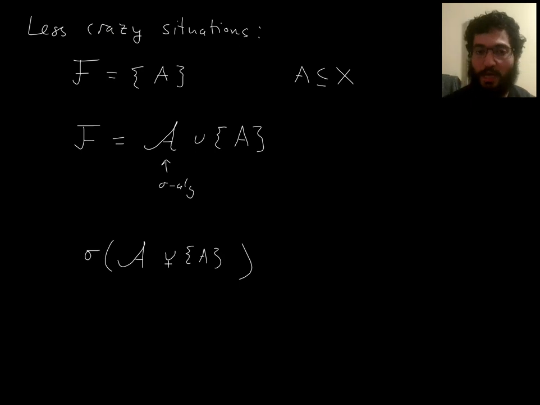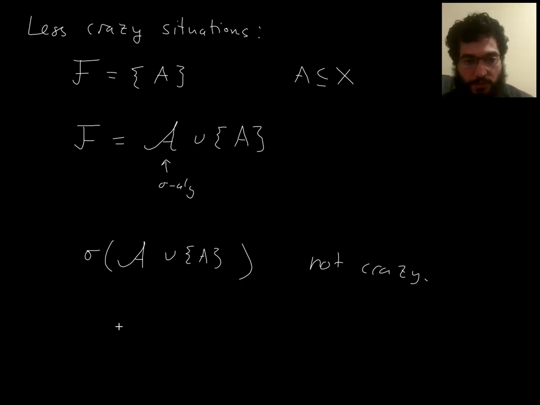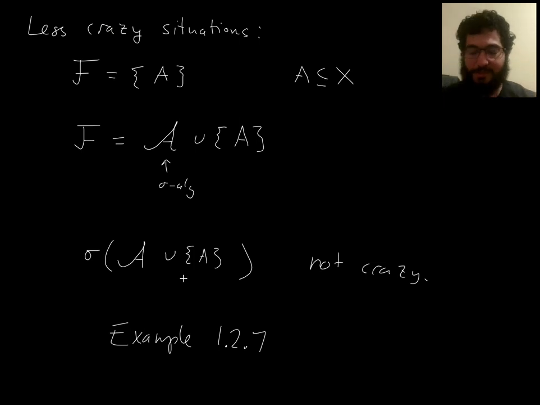So you might call this adjoining a new set to a sigma algebra and looking at the generated sigma algebra. This is not that crazy. You can constructively describe the elements of this. So I will just point you to example 127 in the text to see how to deal with a situation like this. And since this helps you handle adjoining one element, that means it helps you handle adjoining any finite number of elements by induction.